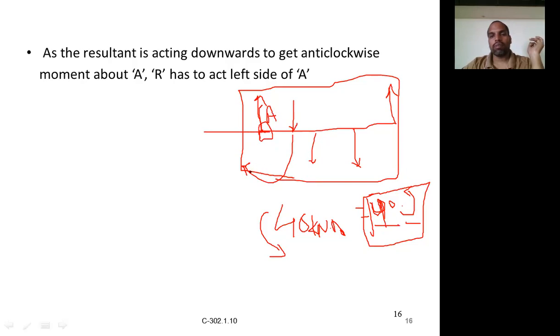If you place it anywhere on the right of A, it will create only a clockwise moment, but as per our theorem it shall produce an anti-clockwise one. So the resultant shall act on the left side of A to produce the same effect. We assume the resultant acts on the left of A at a distance of x.